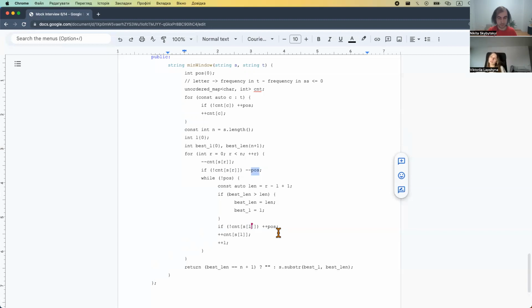So what you're saying is that this map count is going to store all the elements that are in S? Because my understanding was that it only stores elements that are in T that we're interested in. No. For every character, be that in T or S or even other characters, when you try to access it, you get frequency in T minus frequency in substring.